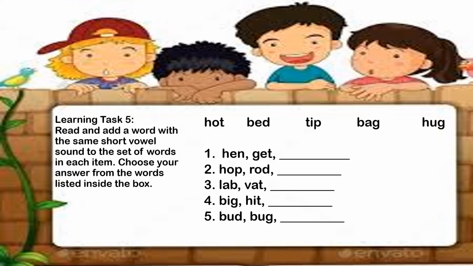Okay, for number 1, we have bed. Number 2, hop, rod, hot. Next, number 3, vat, bag.